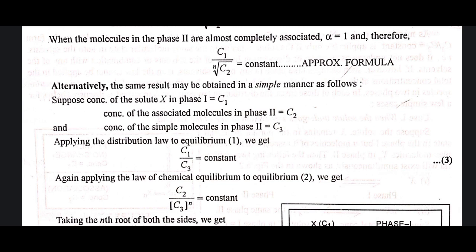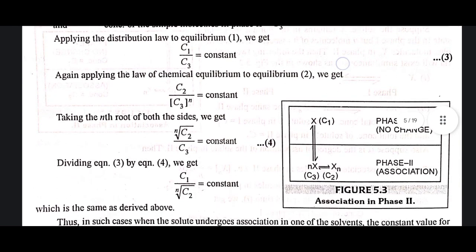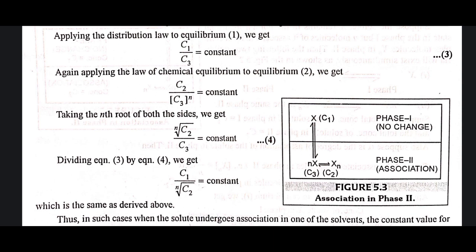Applying the distribution law to equilibrium 1, we get C1 by C3 is equal to constant. This is equation number 3. Again applying the law of chemical equilibrium to equilibrium 2, we get C2 upon C3 raised to the power n is equal to constant. Taking the nth root of both sides, we get nth root of C2 upon C3 is equal to constant.